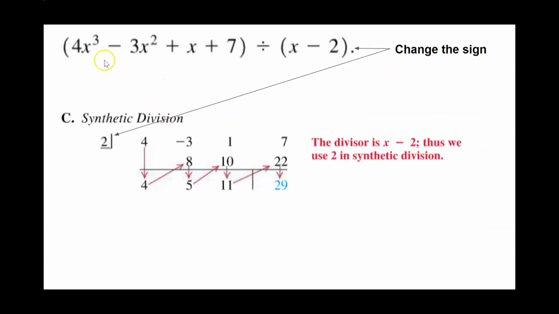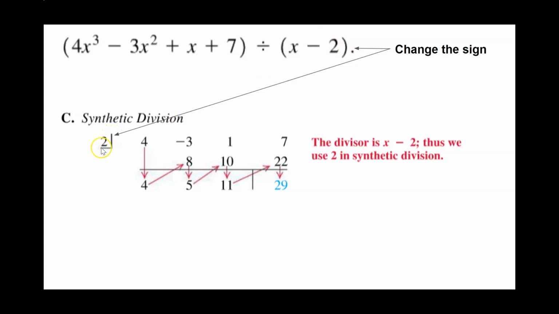So for synthetic division, again, all we're using is the constants in front. So the first thing we need to do is we take whatever we're dividing by and change the sign. So this is an x minus 2, looks like a negative 2, so we're going to change it and make it a positive.